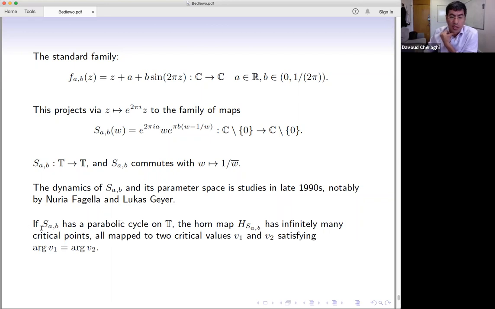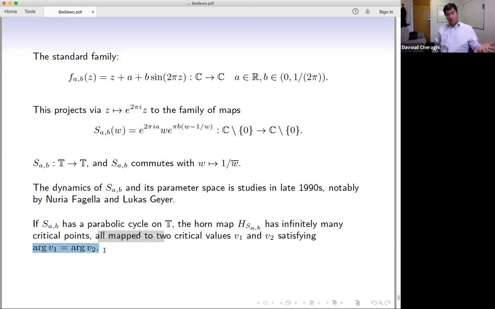So when you take a map of this form, which has a parabolic cycle on T, the Horn map will again have infinitely many critical points, but they are mapped to two values. But these two values will satisfy this relation. They have the same argument.